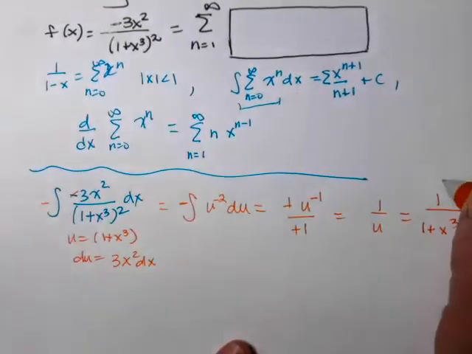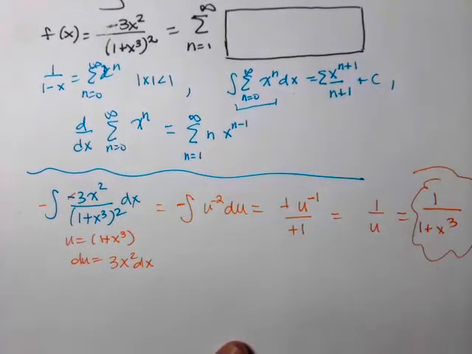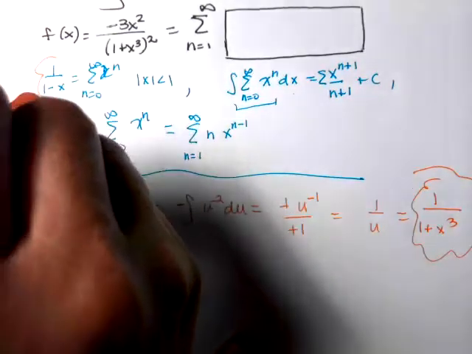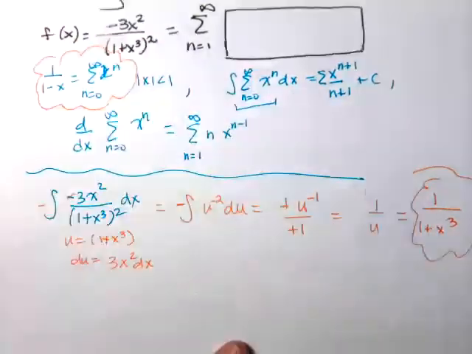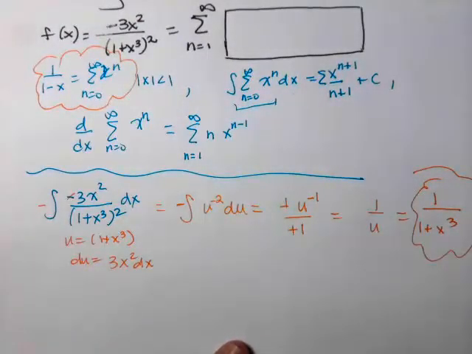So we're going to look at that, 1 over 1 plus x cubed, and we're going to rewrite it in our geometric series form. So we have to do a little bit of manipulating here. The key parts, remember, it's the 1 on the bottom, or you factor it out. And it's supposed to be a minus. It's not that.